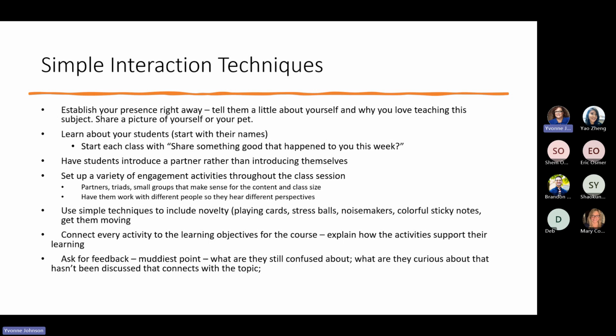So I'll have a simple template. I'll project it on the screen, and depending upon the situation, maybe the students have an iPad that they can use, or maybe they're using paper. But yes, it's a powerful activity, and it doesn't take a lot of effort to really have the payoff for that.